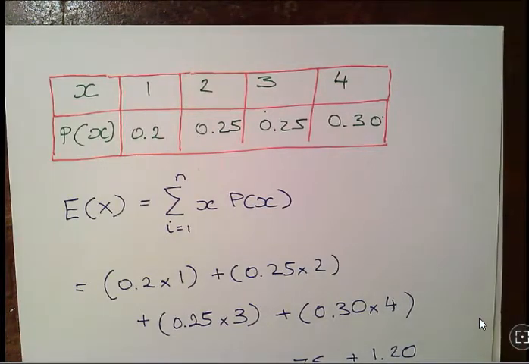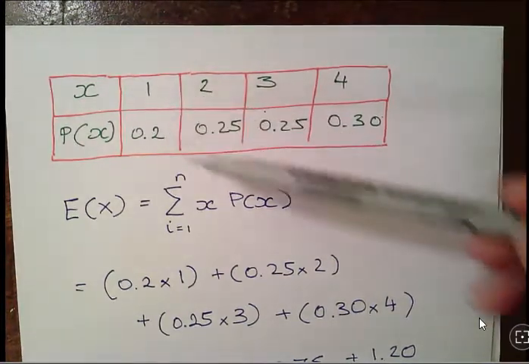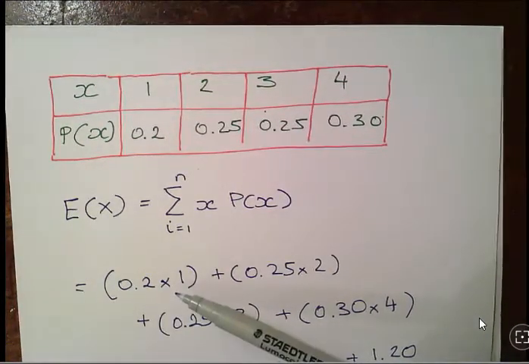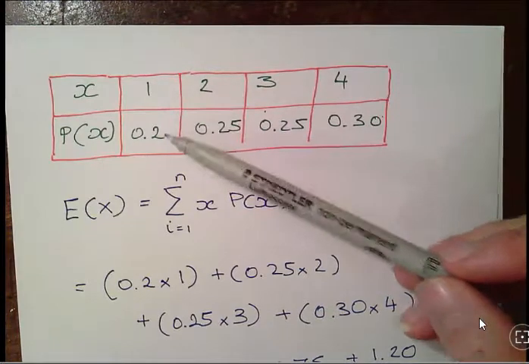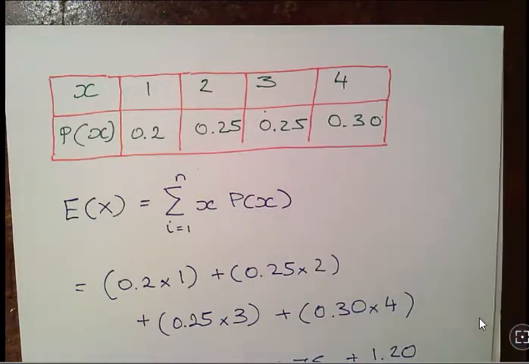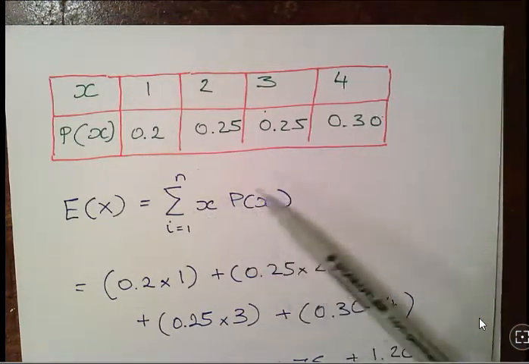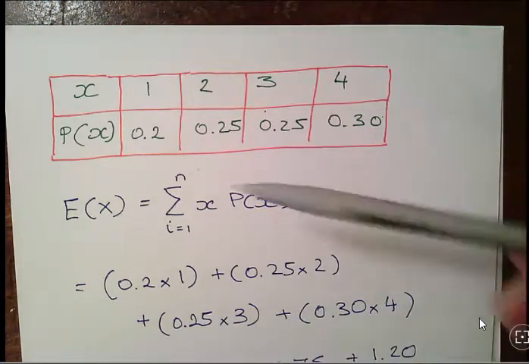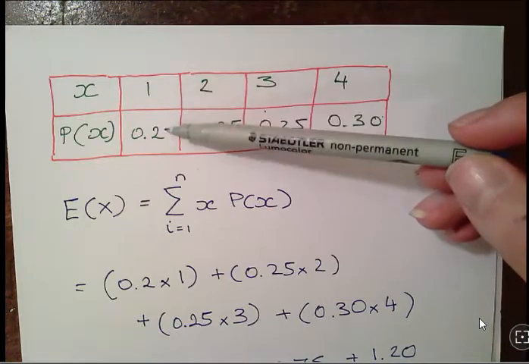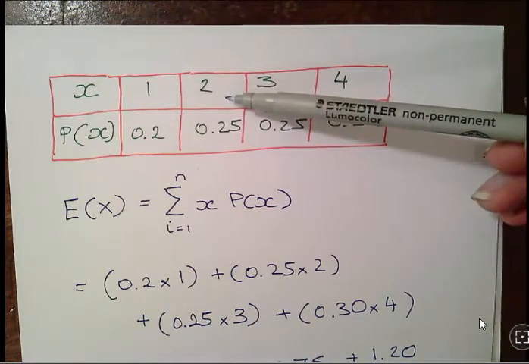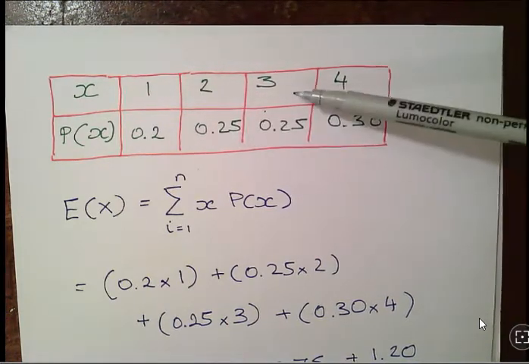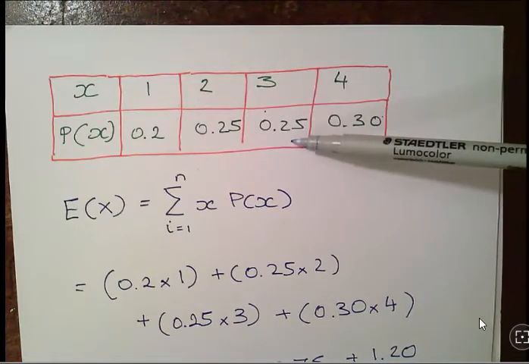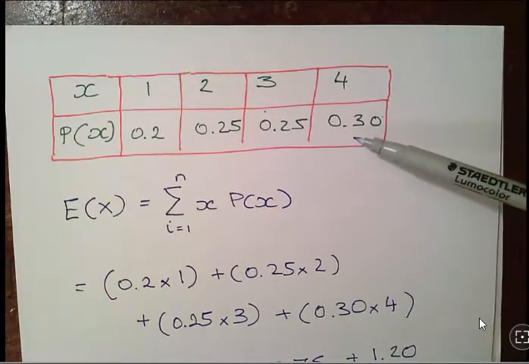Okay? So I have it there as 0.2 by 1, but correctly I should have it as 1 by 0.2, because I accidentally switched the order. It doesn't affect the outcome, but I'll just call it out. 1 times 0.2 plus 2 times 0.25 plus 3 times 0.25 plus 4 times 0.30.